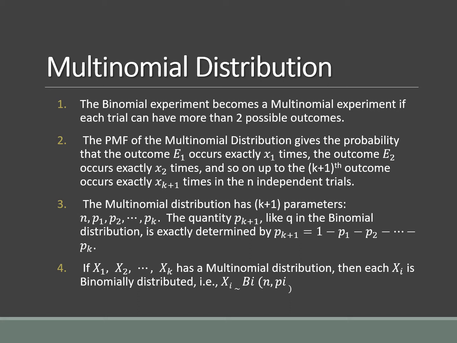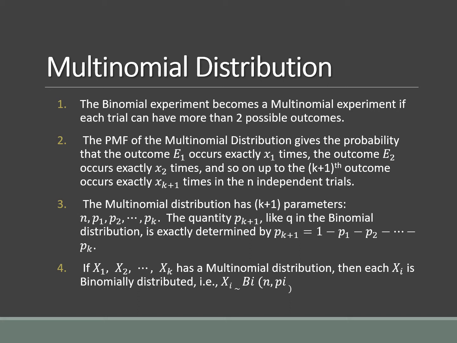And then lastly, for the relationship of having a multinomial distribution, how could you simplify? If x sub 1, x sub 2, up to x sub k has a multinomial distribution, then each x sub i is binomially distributed. Meaning, you could consider an experiment that is either the ith category or not that ith category.